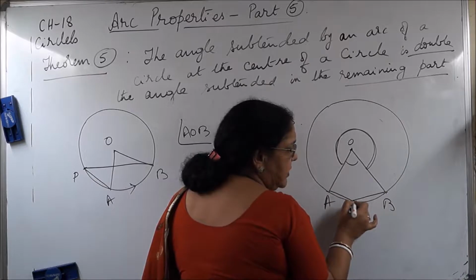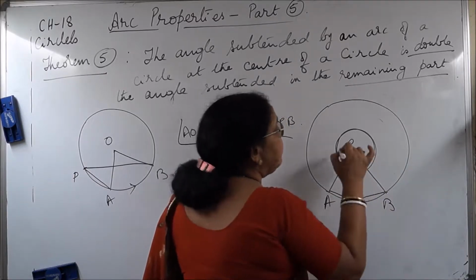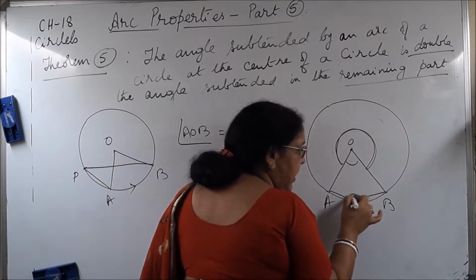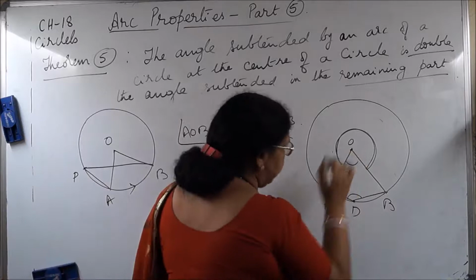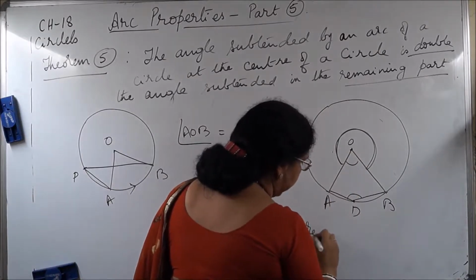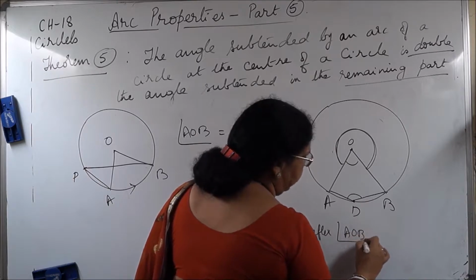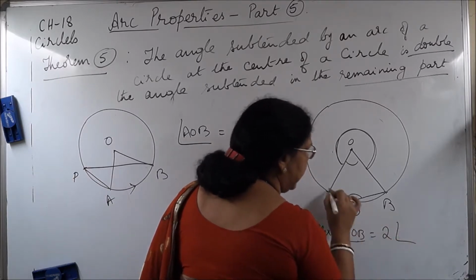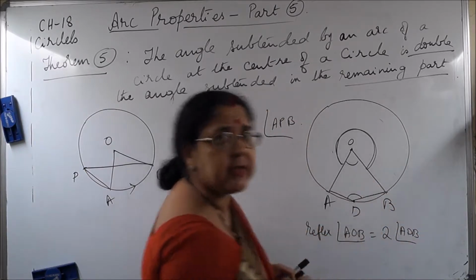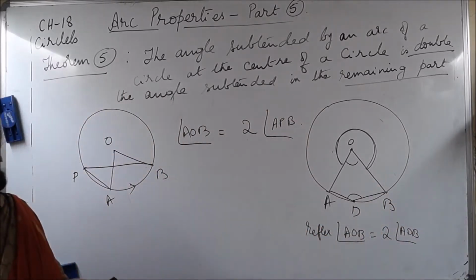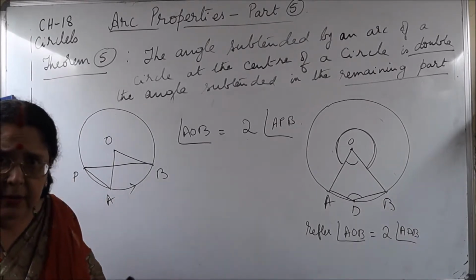D can be here, D can be here, any point is in the remaining part. Then this reflex angle will be double angle ADB. So according to this theorem, in this picture, reflex angle AOB will be twice angle ADB. That is why I was telling you the remaining part is very important. Is it understood, children?